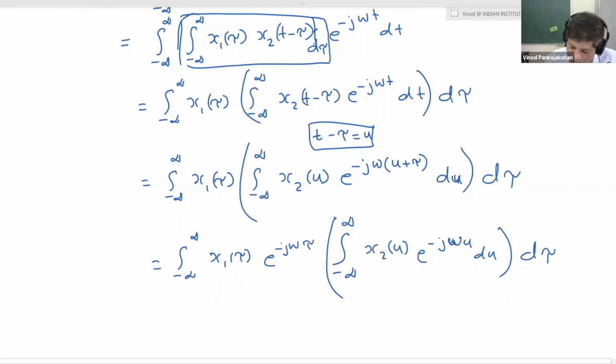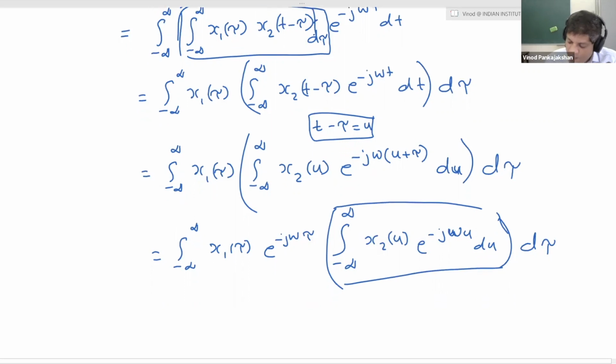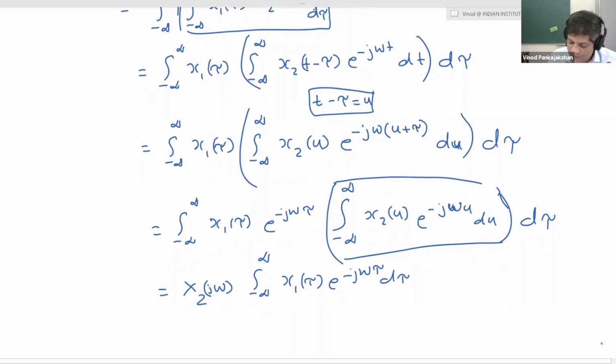Now, what about this integral? Can you tell me what is this integral? It is the Fourier transform of x2 u, isn't it? So can we write this as, because it is a function of omega, we can take it outside the integral. It is X2 of j omega, that is this integral, into integral from minus infinity to infinity x1 tau e to the power minus j omega tau d tau. Okay. Now what about this?